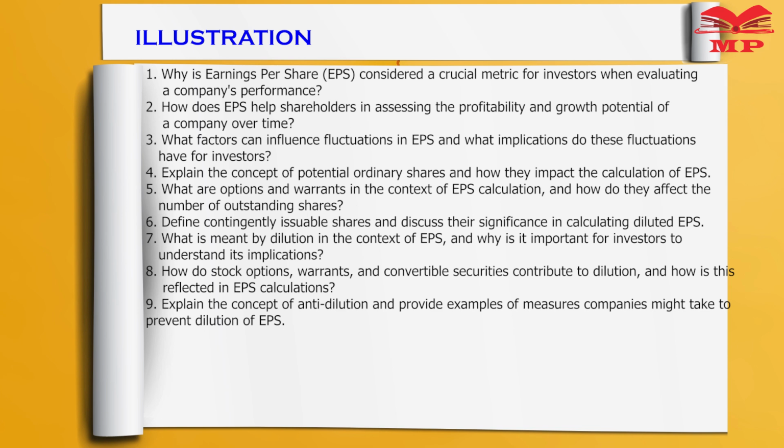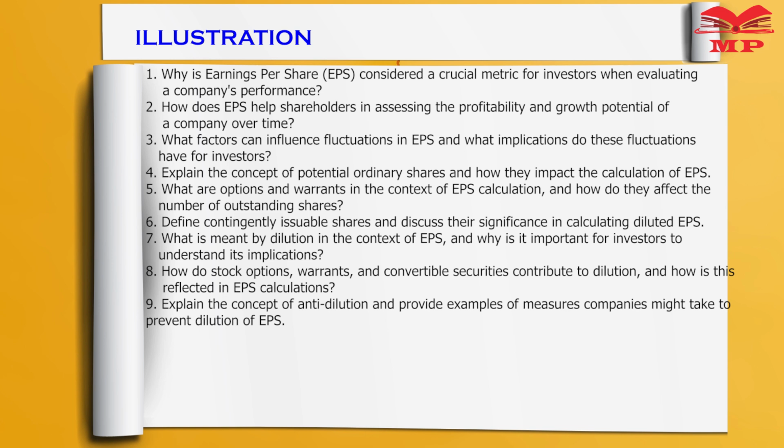Number 2: how does earnings per share help shareholders in assessing the profitability and growth potential of a company over time? 3: what factors can influence a fluctuation in earnings per share, and what implication does this fluctuation have for investors? Question 4: explain the concept of potential ordinary shares and how they impact the calculation of earnings per share.